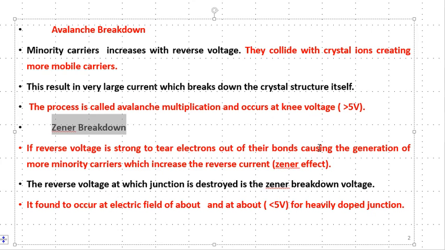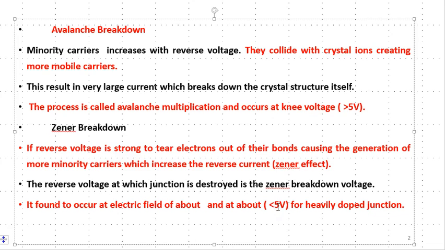So as more minority carriers break from their bonds, creating electron and hole pairs, we reach a point where the current keeps on increasing continuously. And if that happens, we have what we call a Zener effect, and that Zener effect takes place whenever the reverse voltage reaches the minimum amount of voltage to cause that Zener effect, and the voltage is always supposed to be less than 5 volts.